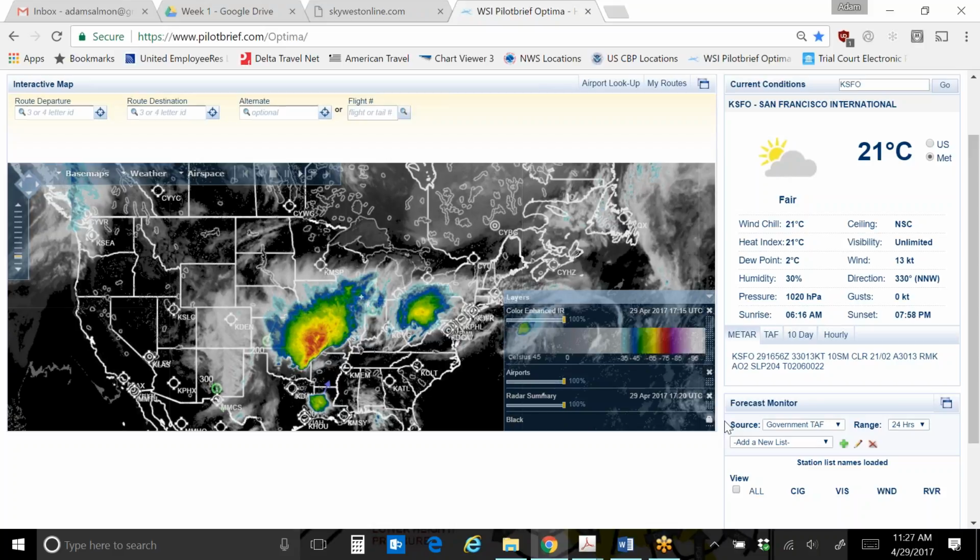The first three are the actual wind direction. The next three are the wind speed. So in this case, it's 13 knots. So here in St. George, or sorry, this is San Fran. In San Fran, the wind is coming from 330 at 13 knots.